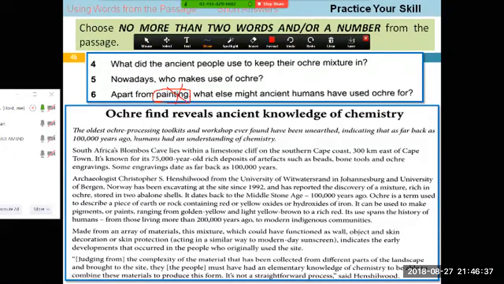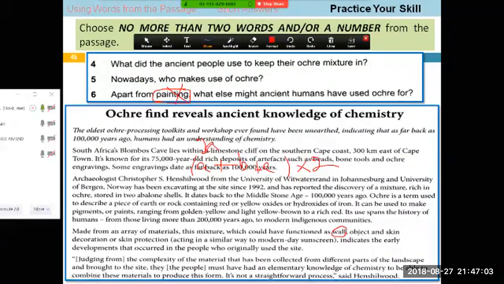I told you that day, this decoration is kind of two, and wall, object, and skin are like A plus B plus C. Do you remember that? So that means two is with A, it is 2A, 2B, and 2C.